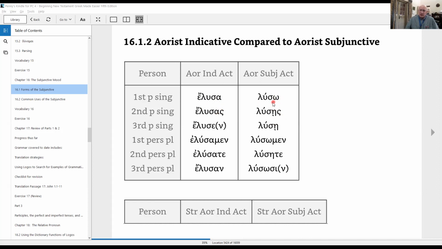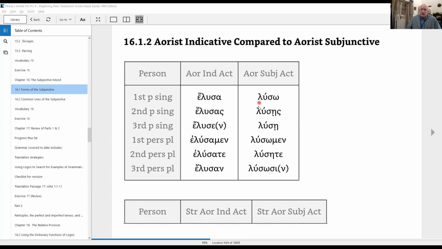That's as far as it can lengthen, as far as a vowel is concerned. But that's not the way it works. Notice in the subjunctive, the augment drops out because the augment is only found in the indicative mode. It is not found in the subjunctive mode. The subjunctive does not necessarily indicate past time.